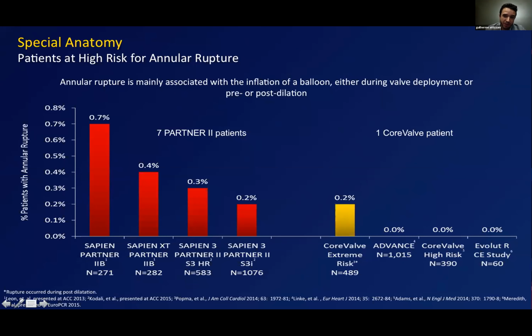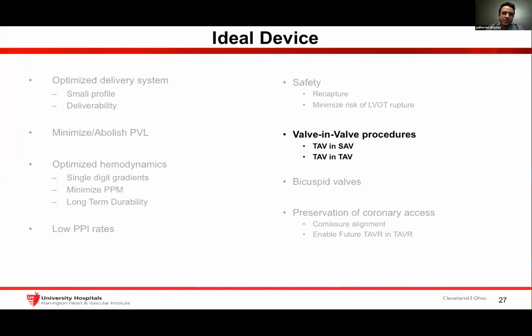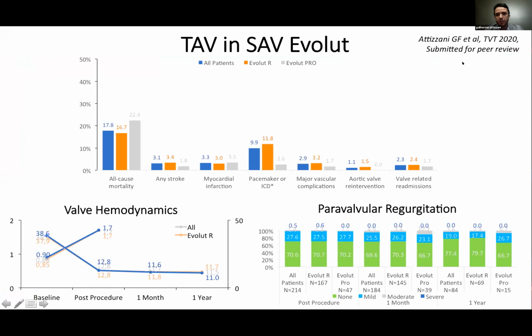The ability of performing valve-in-valve procedures, either TAVR in TAVR or TAVR in SAVR. This is the data that we presented recently at TVT, and it's under review right now. Just wanted to show you the valve hemodynamics. So this is data from the TVT registry, looking at the valve hemodynamics of Evolut. I want you to pay attention to the gradients of valve-in-valve of Evolut.